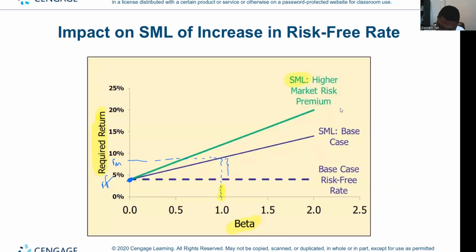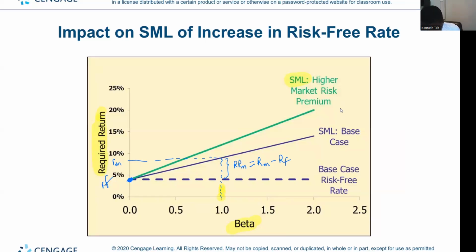This difference is what we call the risk premium, the risk premium for the market, RM minus RF.